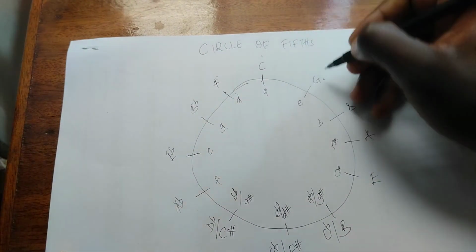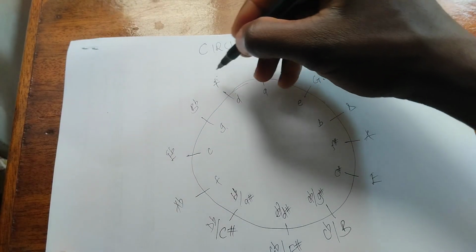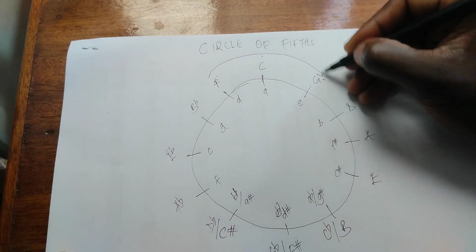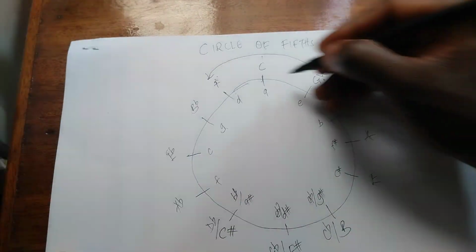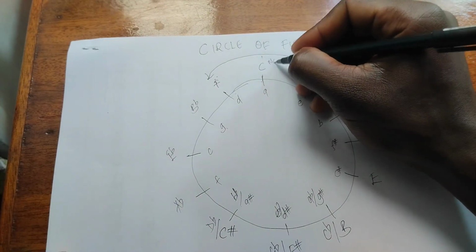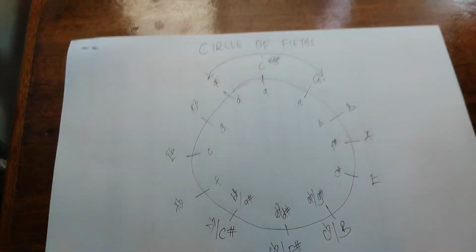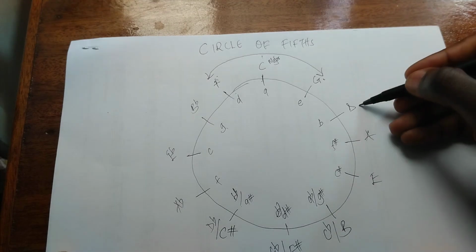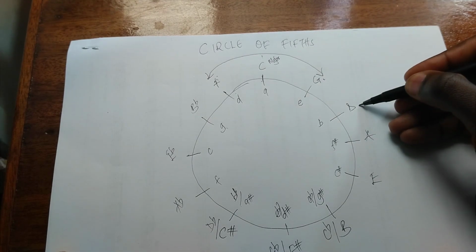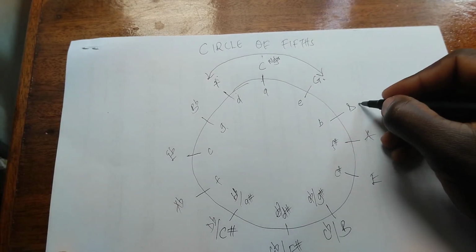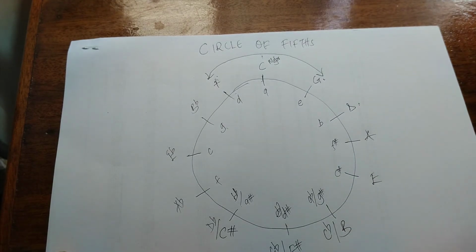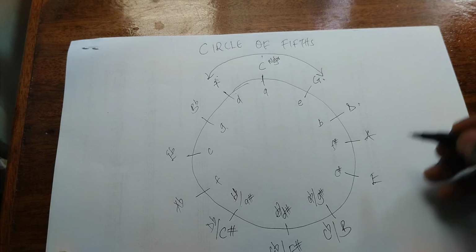So all these surrounding ones are major chords. We can say that these are the major chords which are here. Then we know that D is the 2nd chord, and D is going to be minor, A is the 6th chord, which is minor, and E is the 3rd chord, which is minor.